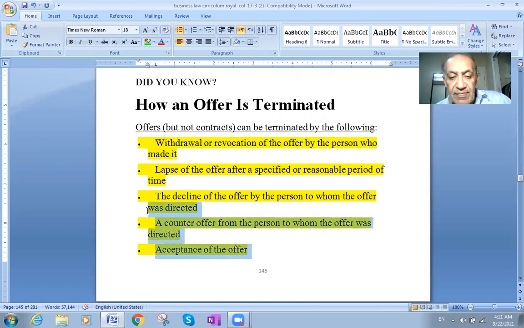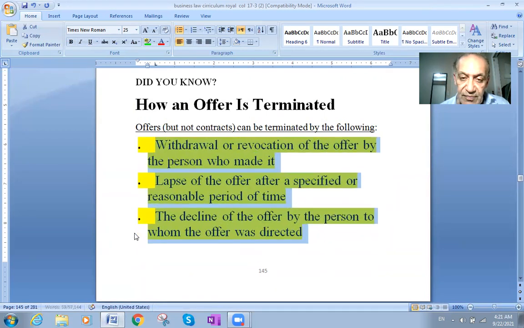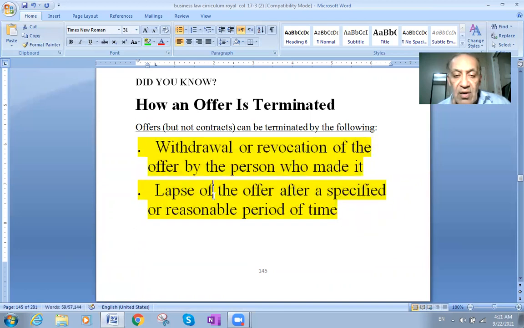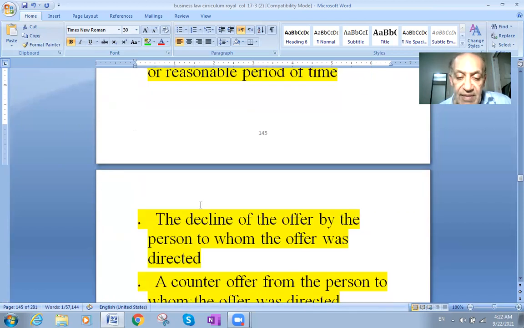So if the person who made it rolls back, he regrets at any moment, then after that the offer will stop. We started with the offer, then there will be acceptance for the offer. So if the offeror withdraws or revokes, then the offer is terminated. Lapse of the offer after a specified or reasonable period of time.